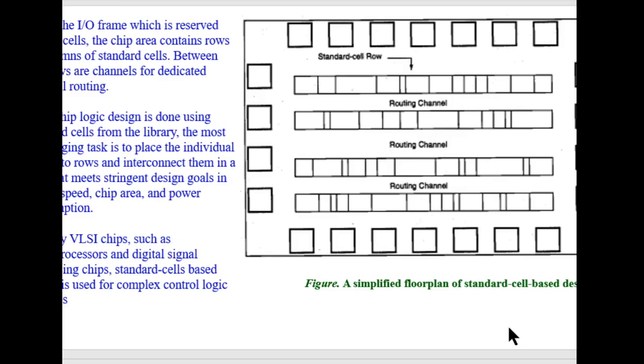Now look at this. This is the mask layout of a standard cell based chip. This is the actual mask layout. Okay, and this looks completely different from this simplified floor plan. So this is the actual mask layout that is used for fabricating the ICs, right?